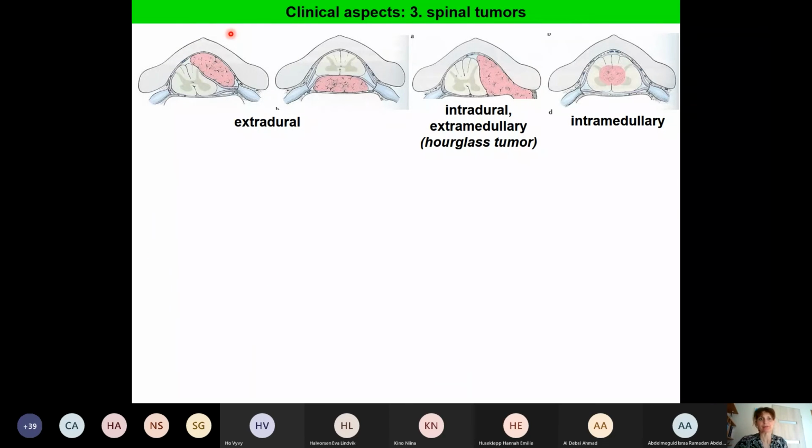Or other diseases, tumors can also be found around the spinal roots. These tumors can be extradural, for example, if you have a bone carcinoma, a bone tumor, osteosarcoma, or they can be inside of the dura, so intradural but extramedullary, or there are also tumors of the spinal cord itself, the intramedullary tumors.